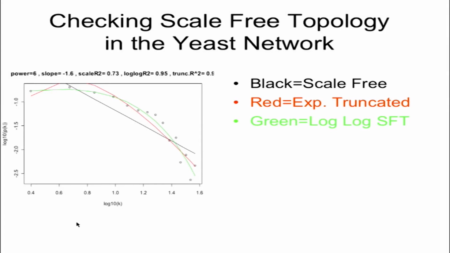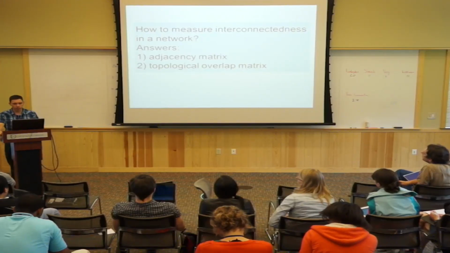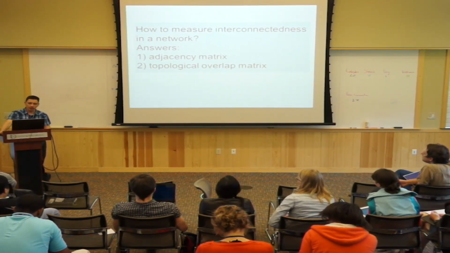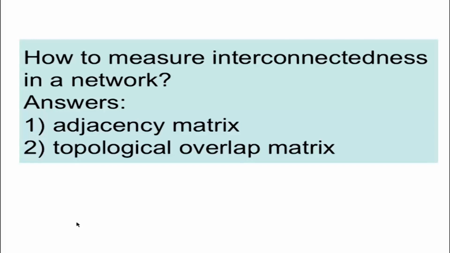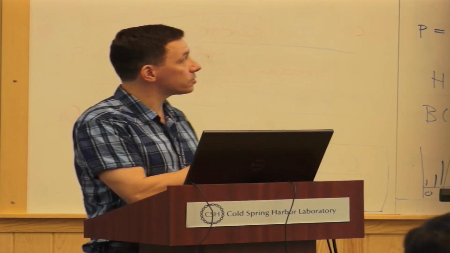All right, so let's move to another exciting topic, which is how do we measure interconnectedness in a network? Coming back to a social network. Let's say we have a social network and the adjacency matrix specifies how much two people like each other. Then, of course, one way to measure connections is by the adjacency matrix.